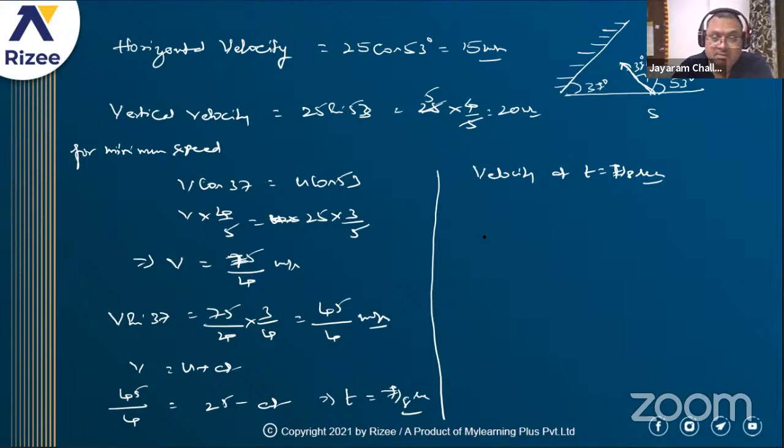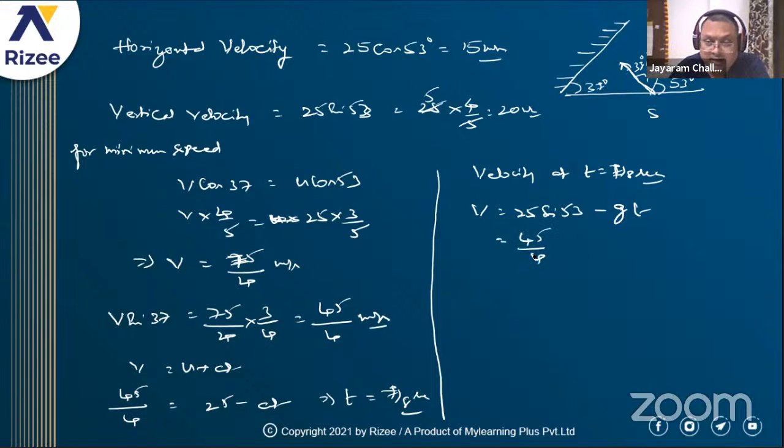From this, velocity can be written as v is equal to 25 into sine 53 minus gt, which is 25 into 4 by 5 minus 10 into the time. On solving this, with t equal to 7 by 8, you will get 45 by 4 meters per second.